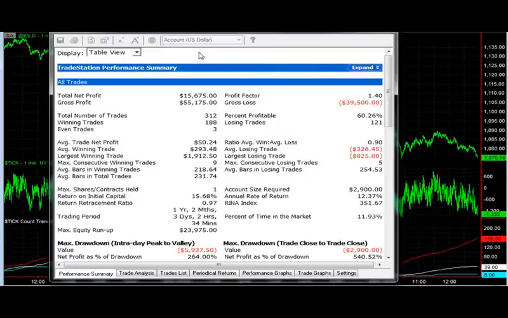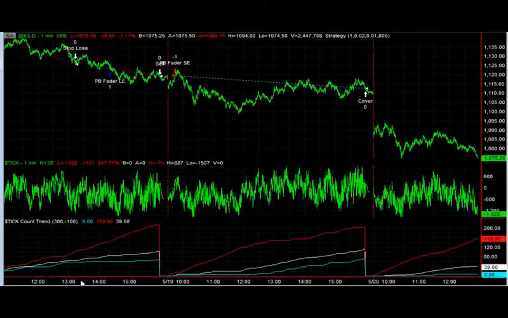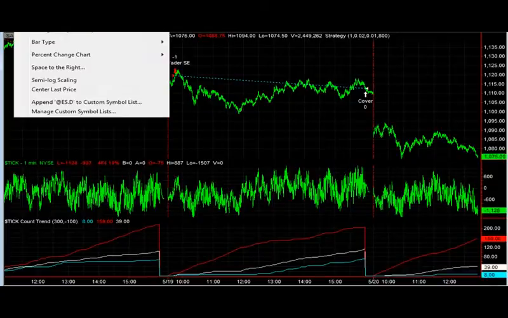How would we filter this? Well, if I look at this tick trend indicator, I say I'm only taking short trades if the red line is above the blue line by at least 10, or I'm taking long trades if the blue line is above the red line by at least 10. I've already written that into the code.